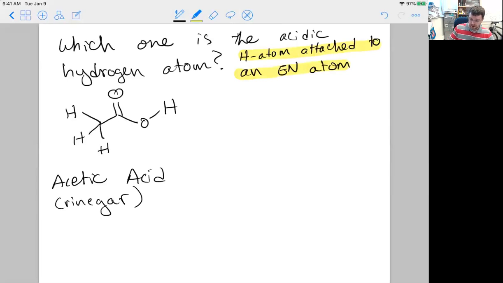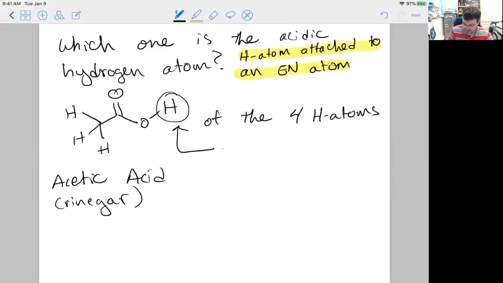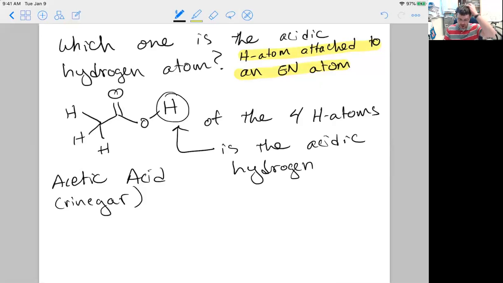Okay, and so of the four H atoms, this one is the acidic hydrogen. Why? Because if we look at all of the atoms that we have present, we've got carbon, hydrogen, oxygen. We said previously that carbon and hydrogen had very similar electronegativity values, so you won't see much of a dipole across those covalent bonds.